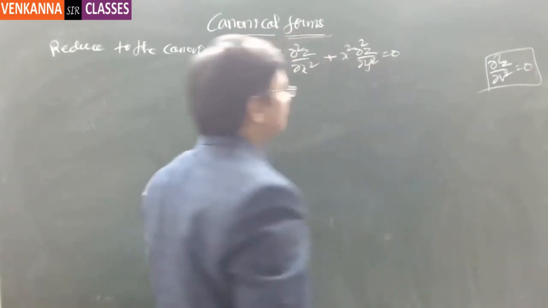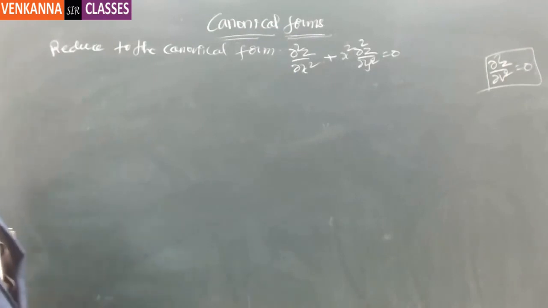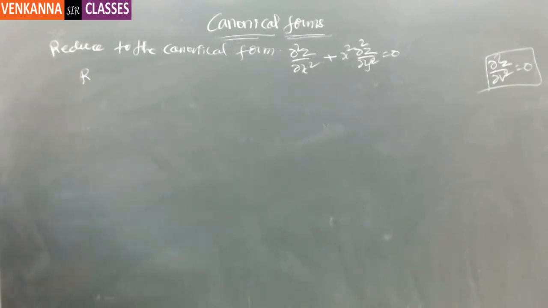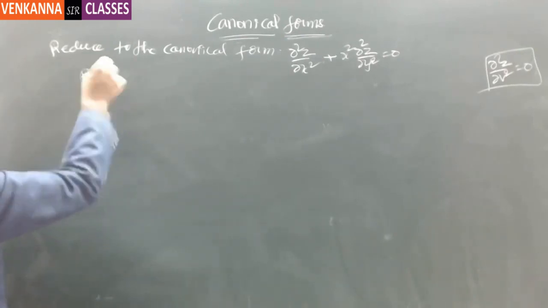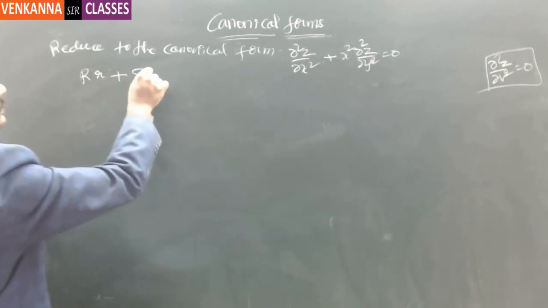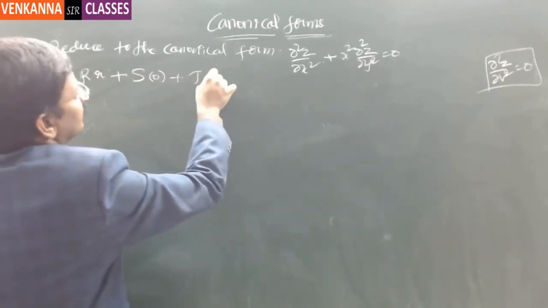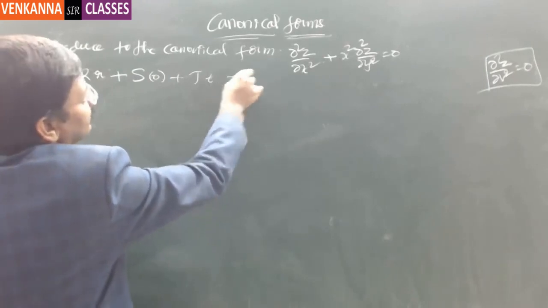So now this is the standard differential equation. Now actually here s value is 0. So this is r into r plus s into 0 plus t into T format.